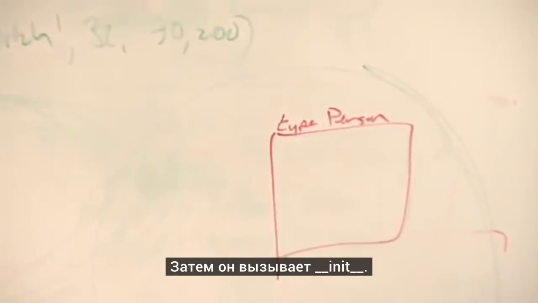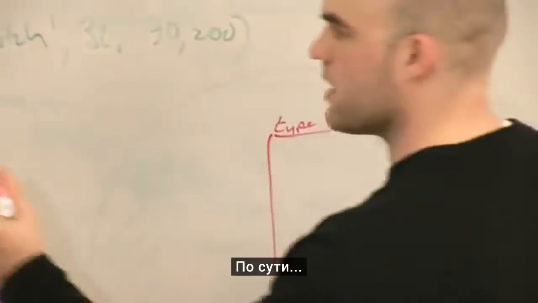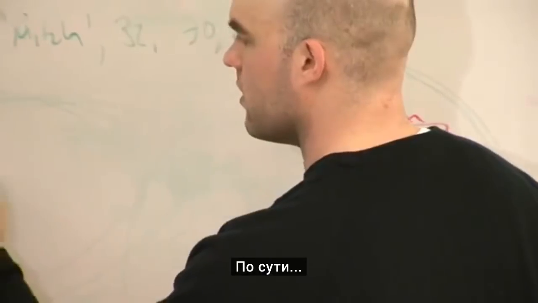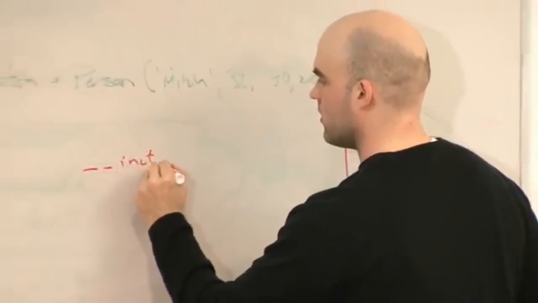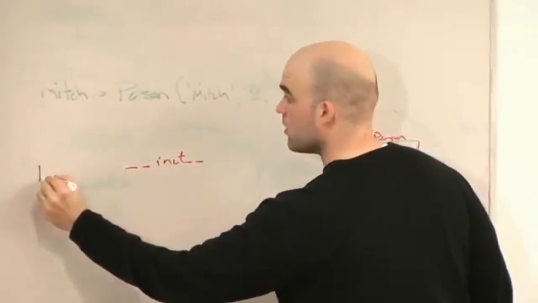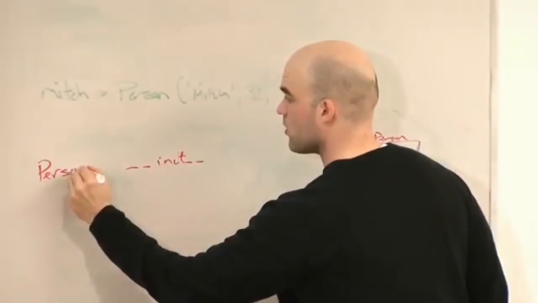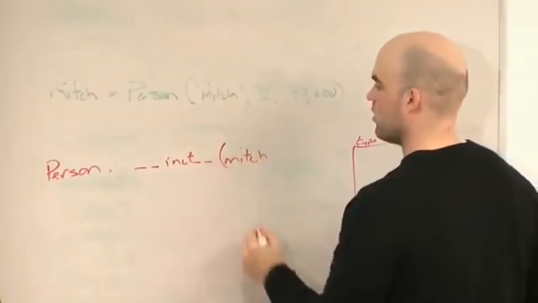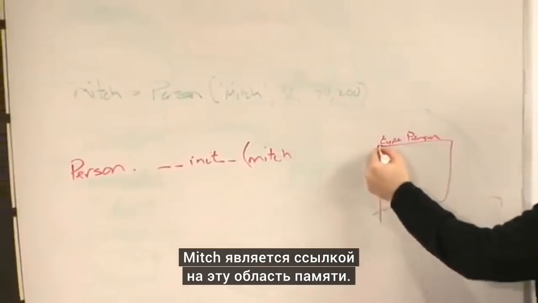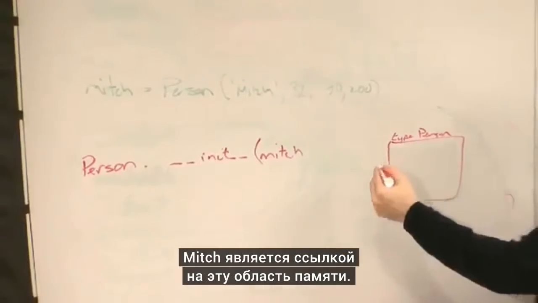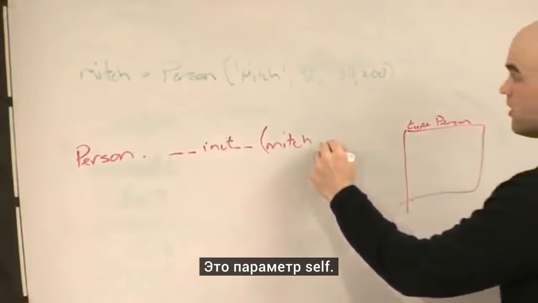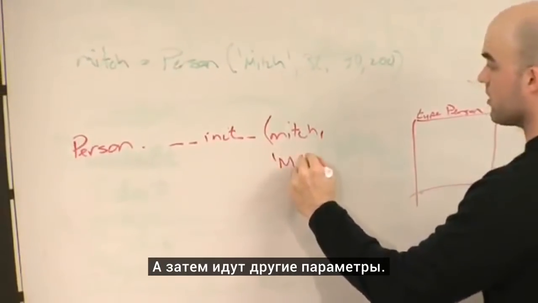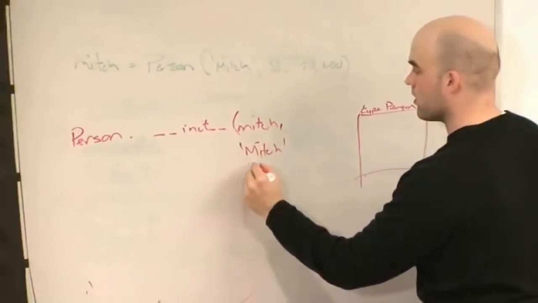Then it calls init, and Mitch is a reference to this chunk of memory. This is the self parameter, and then it has the other parameters.